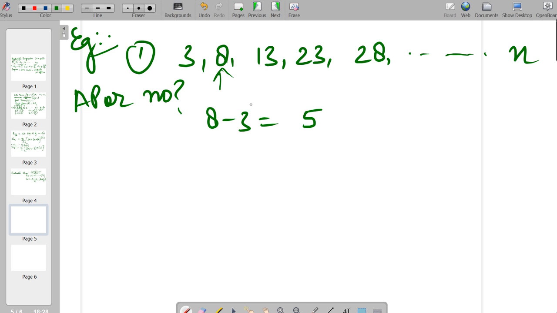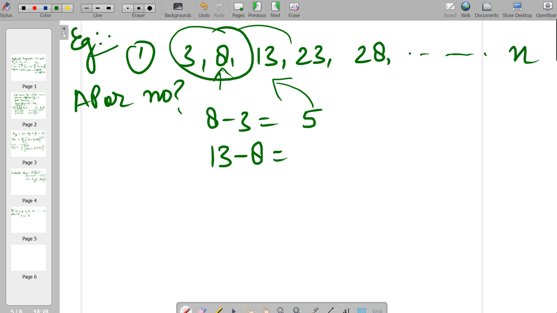Now just checking the first set will not give you a perfect assessment that the given series is AP. You have to move on. Now second thing what you will do is 13 minus 8. Means first you have grouped these two, then you have to group these two. So 13 minus 8 is again 5. One more check. So 23 minus 13.